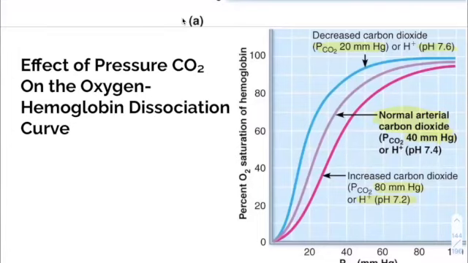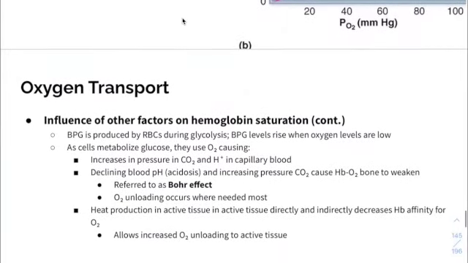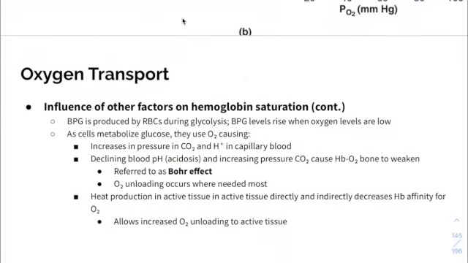It determines whether oxygen gets released off into the tissues or not. It's not all just based off of that need. It depends on the temperature, it depends on the pH, depends on the pressure of carbon dioxide. We want to get more carbon dioxide into our bloodstream so we can release it out when we exhale. All of that plays a factor.